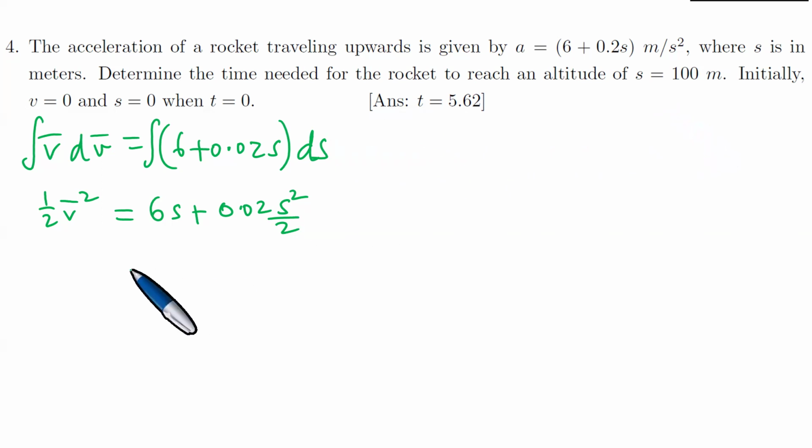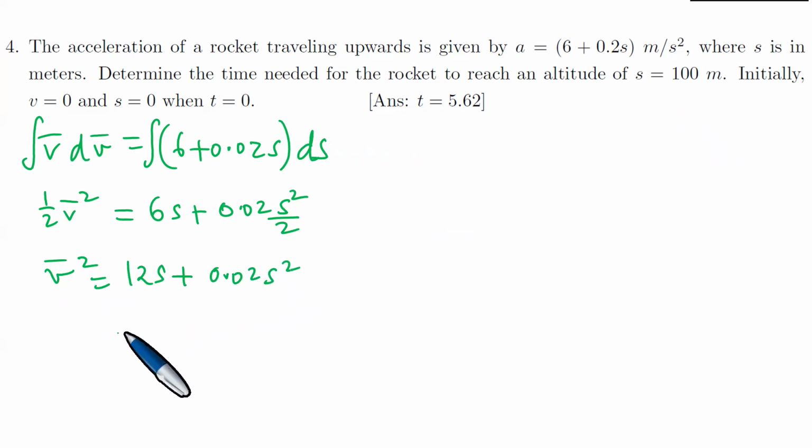But what else do we know? We know that velocity itself is equal to ds/dt. We can multiply through by 2 here, getting v squared equals 2 times 6, which is 12s, plus 0.02 s squared.